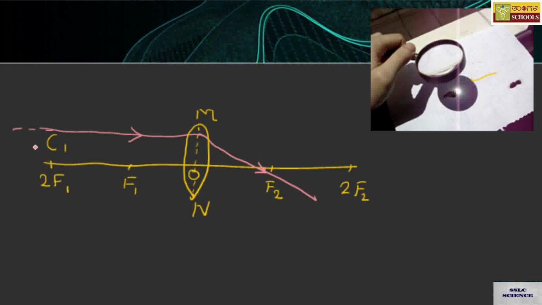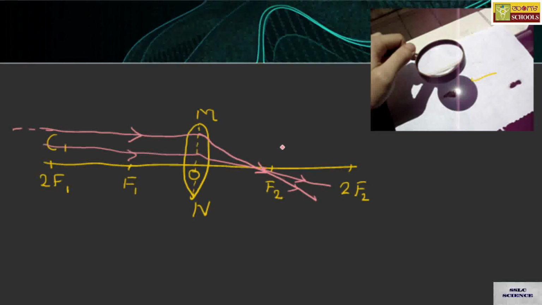So you can go for another ray of light; after hitting, yet again it is passing through f2. So this is the picture. If you want, go for the other side below the principal axis, no problem. Anyway, you will have the image at f2.